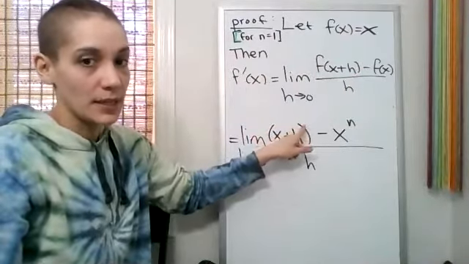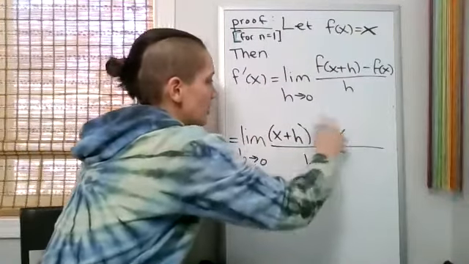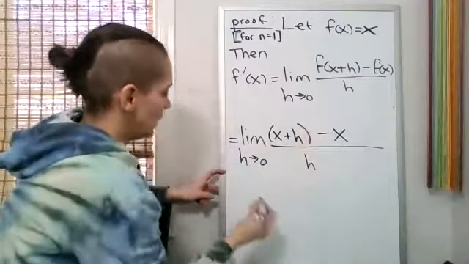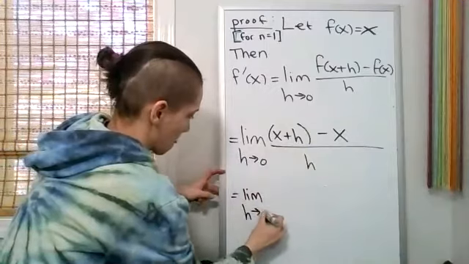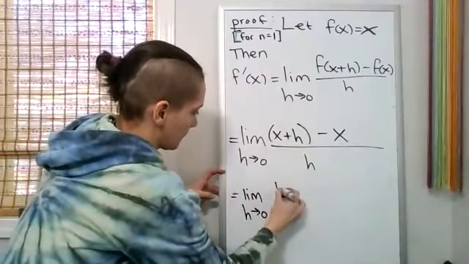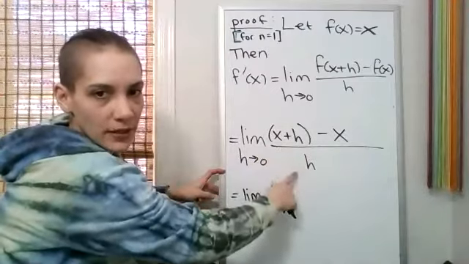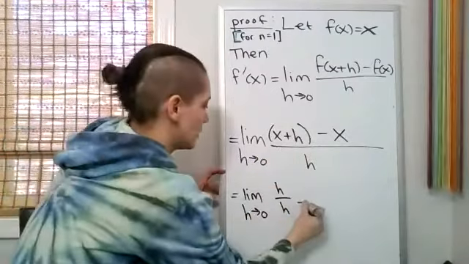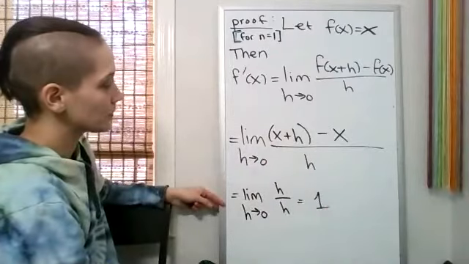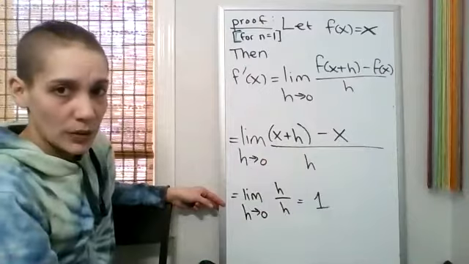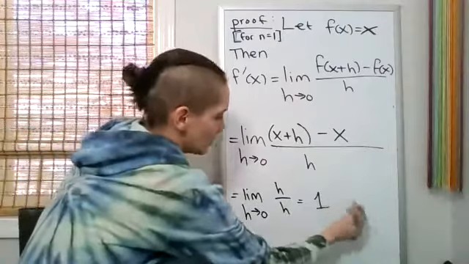So that's going to make this less of a headache. This has just power 1, and this becomes really easy. x minus x leaves this h over h, and h over h is 1. The limit is 1. I'll walk through what you would do with that rule that we wrote down. So that's the end of the proof.